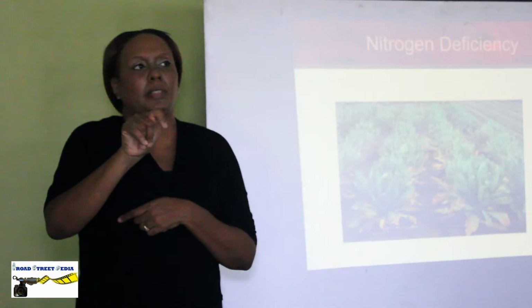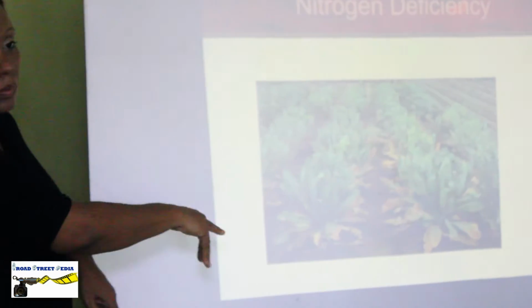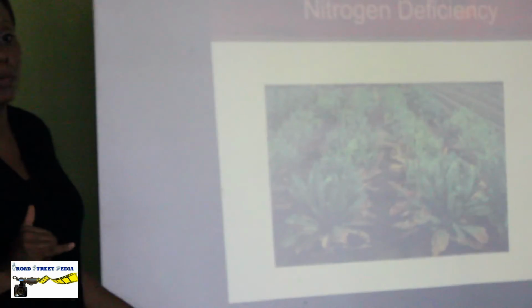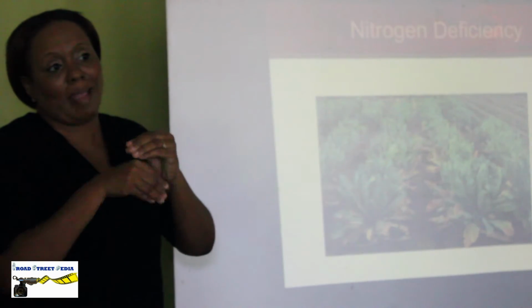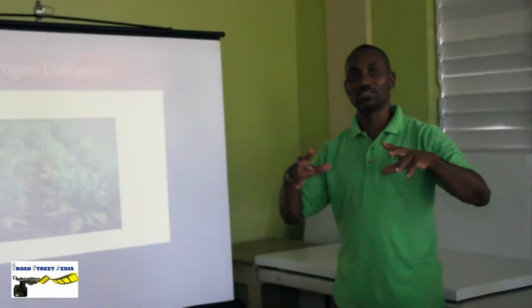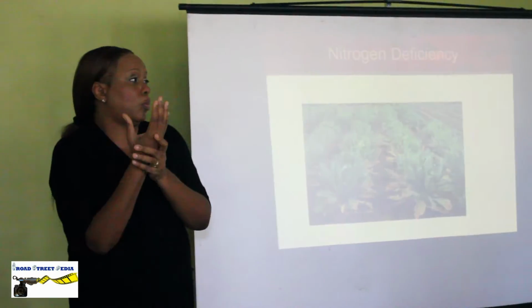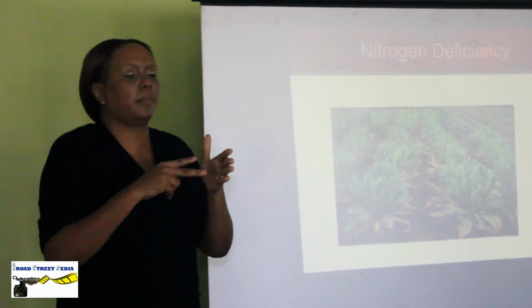Here in this slide, you can see at the bottom the leaves are looking yellow, so you will know that it's lacking nitrogen. Also, the new leaves, what we call the flushes: when you see a new leaf on a tree looking yellow, that is also an indication that the plant is lacking nitrogen.